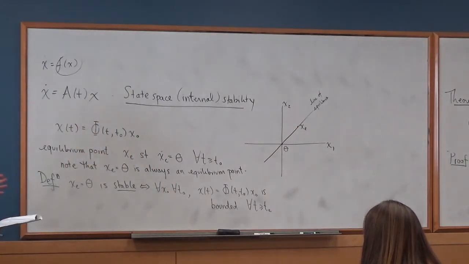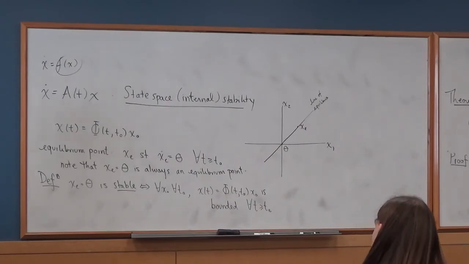Okay, so it doesn't actually require us to have a trajectory which converges to the equilibrium point. It just has to stay bounded. So it's kind of a loose definition for stability.